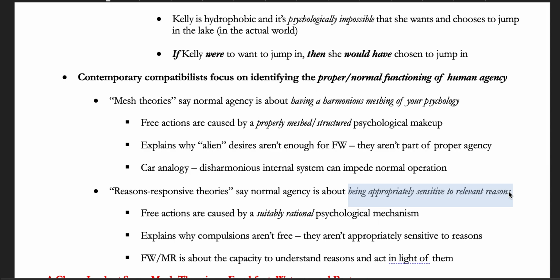You can be more or less sensitive to different kinds of reasons, and so we want you to be appropriately sensitive to the relevant reasons. That's what reasons responsiveness is about. So free actions are caused by a suitably rational psychological mechanism, like your deliberative capacities. Suitably rational means suitably sensitive to reasons. Being rational is about understanding and applying reasons in your actions.